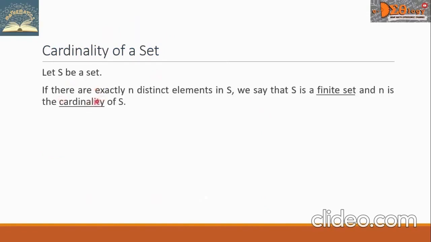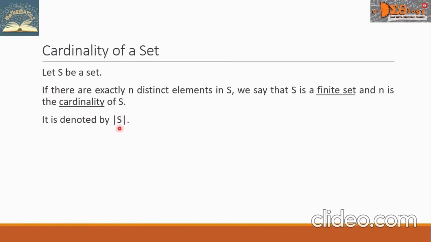Let us now study cardinality of a set. Let S be a set. If there are exactly n distinct elements in S, we say that S is a finite set and n is the cardinality of S. It is denoted by this symbol.